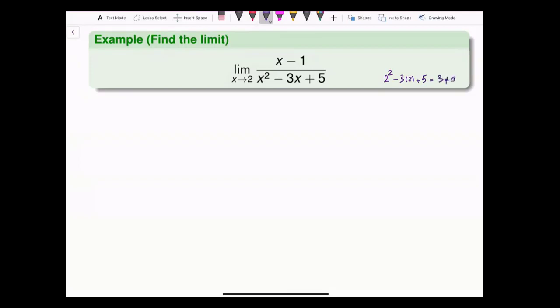So this is non-zero. So right away I can substitute: 2 minus 1 over 2 squared minus 3 times 2 plus 5. And that is 1 over 3.